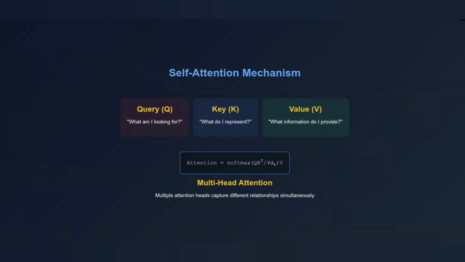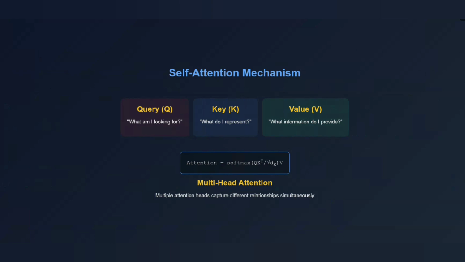But here's where it gets really powerful: multi-head attention. Instead of having just one attention mechanism, we run multiple attention heads in parallel. Each head can focus on different types of relationships. One might capture syntactic relationships, another semantic ones, and another positional relationships.